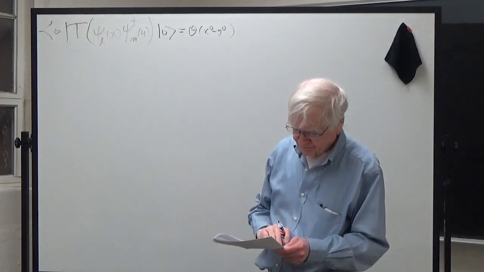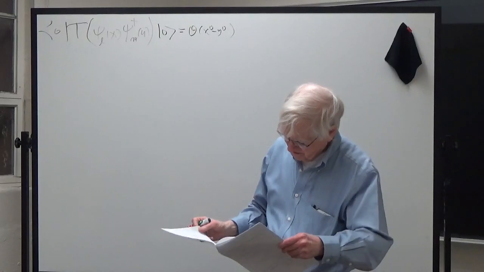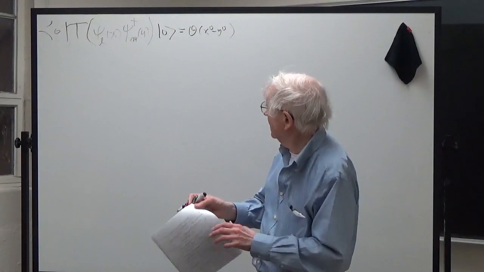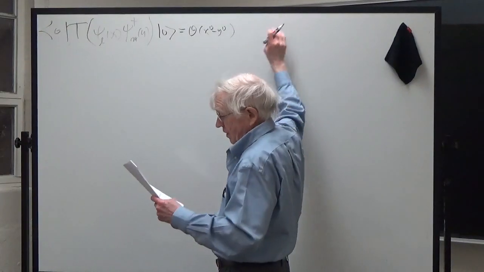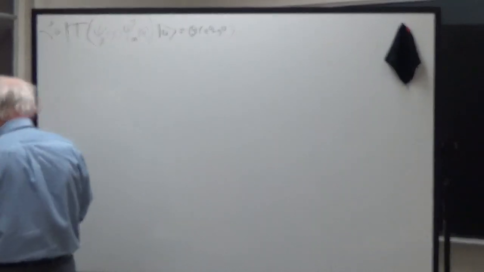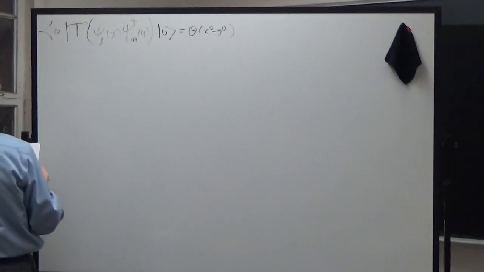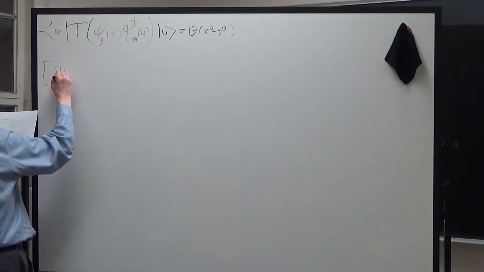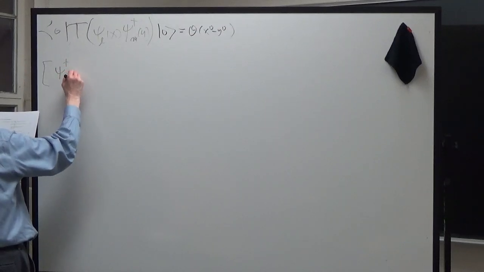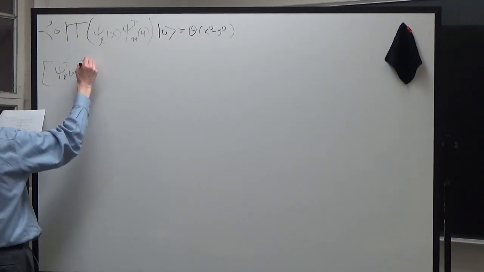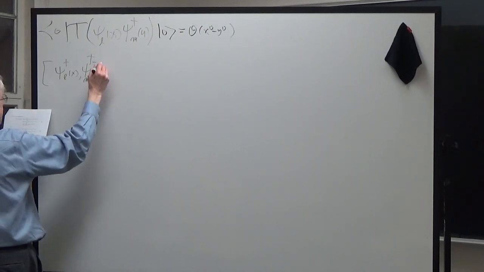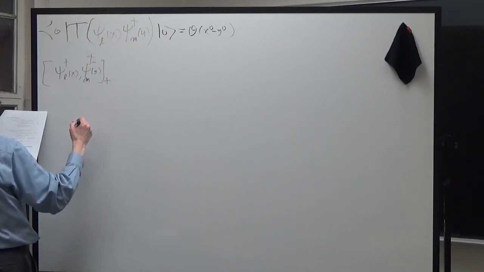So let's see, to figure out what to put in there, let me do these anti-commutators first. The first term is psi plus L of x with psi dagger minus M of y, anti-commutator.